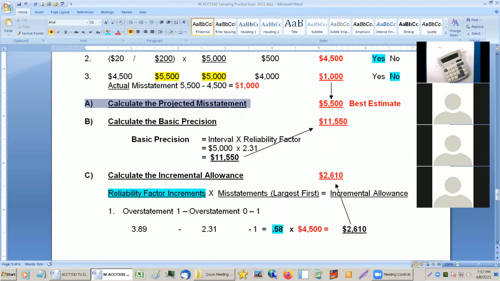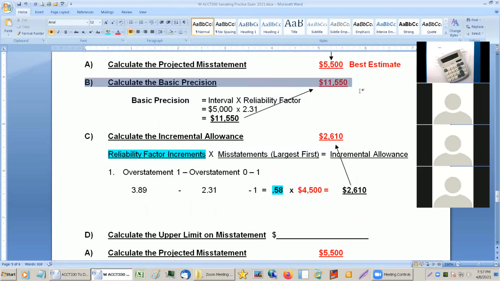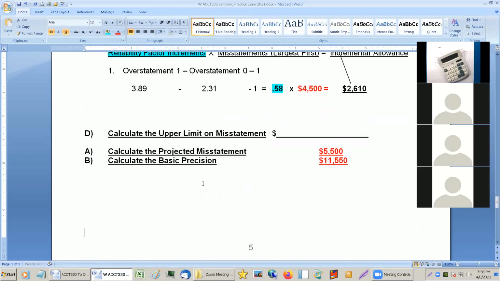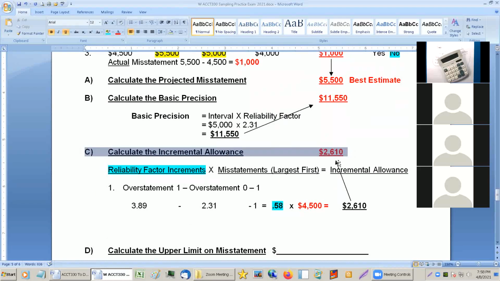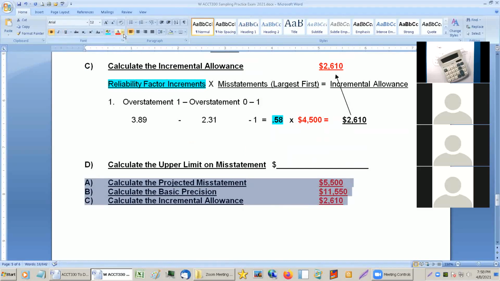Okay, so we just take these first three. And let me clean these up a little bit.